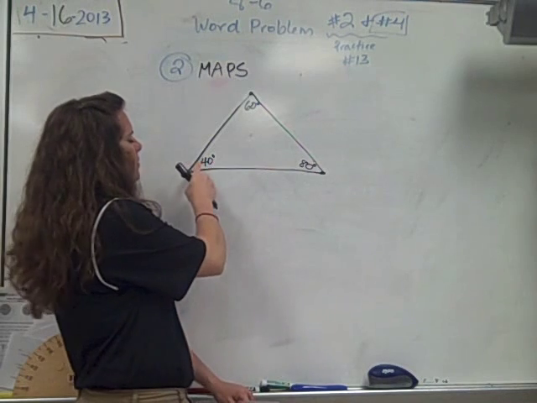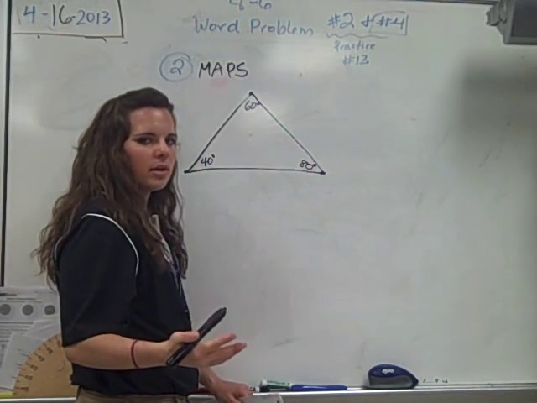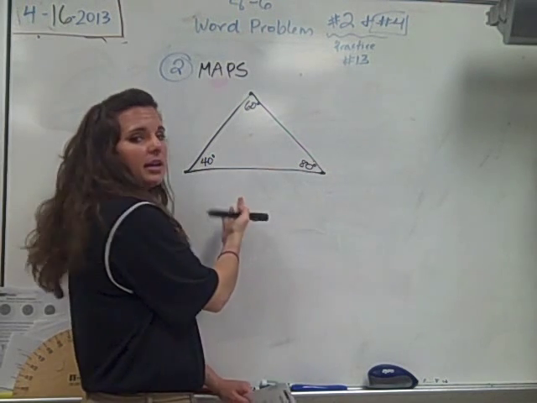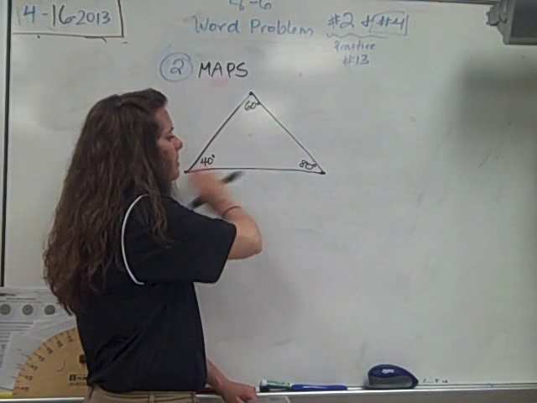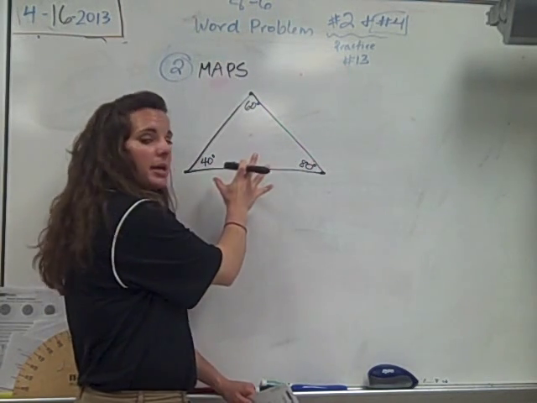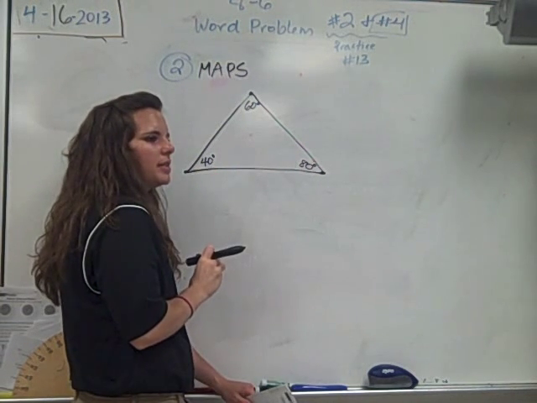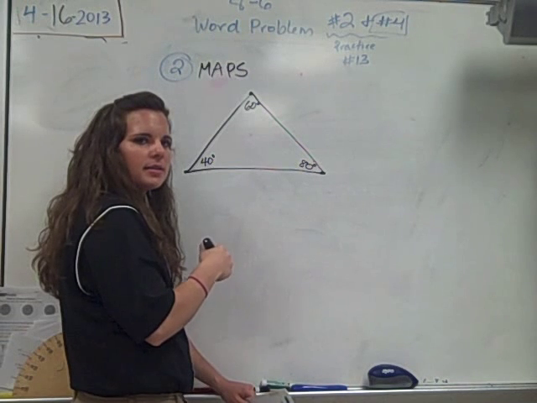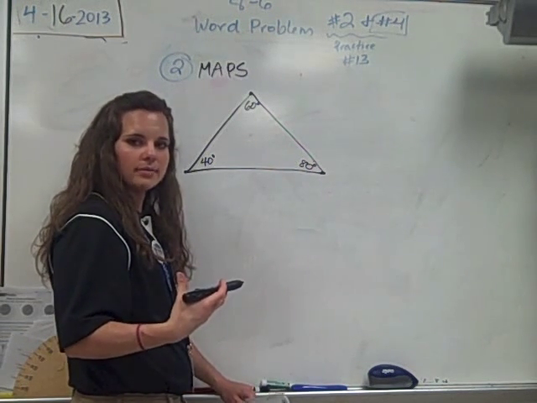Now, do you know whether the 40 is here or up here or over here? No. Can your picture be different than mine and you still get the right answer? It sure can. You're just going to make a setup. Just put the information that they give you in there. Don't be so concerned that it's exactly in the right spot. You're just making a representation of what's going on.